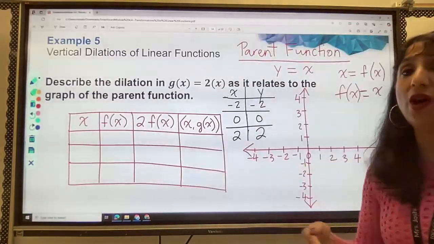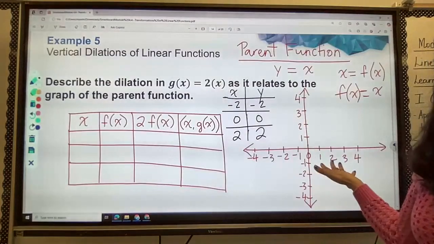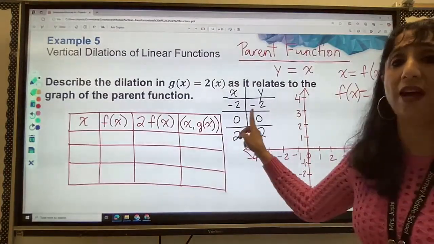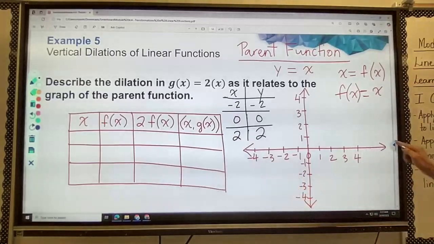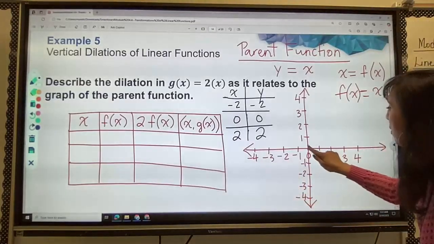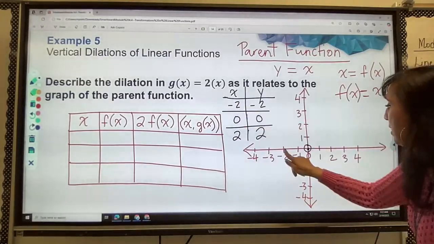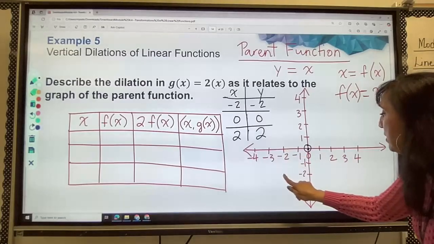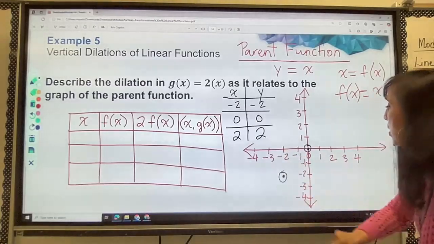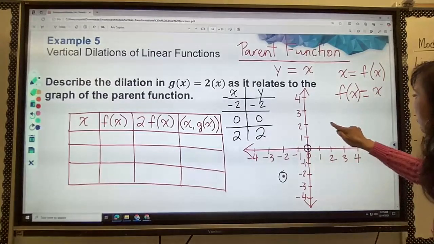So I've created a coordinate graph over here, and I'm going to graph these values once again. So look, 0, 0. If x is -2, y is -2. Here we go. If x is 2, y is 2.